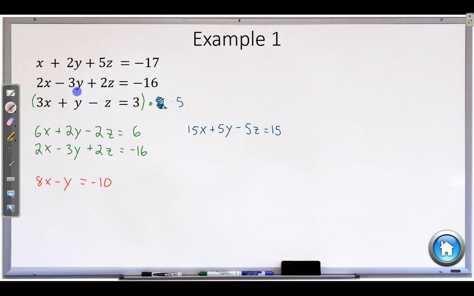And I'm going to rewrite the top equation right underneath it because those are the two I'm comparing. So x plus 2y plus 5z is equal to negative 17.